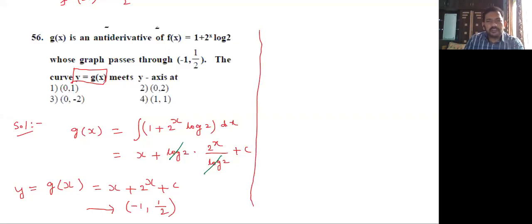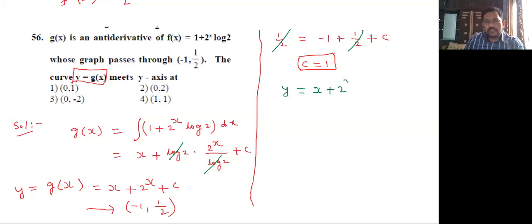What is the y value? 1 by 2 equals x value minus 1 plus 2 power minus 1, that is 1 by 2, plus c. Here 1 by 2 cancels. Then what is the c value? C value should be 1. Now substitute there. Y is equal to x plus 2 power x plus 1.